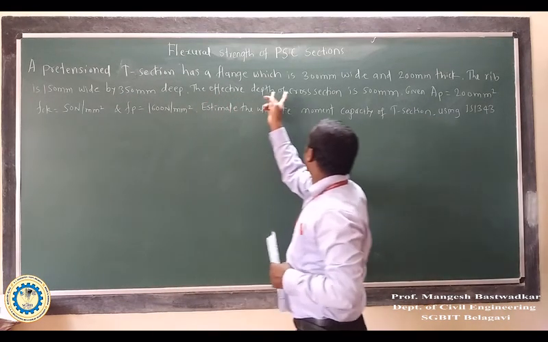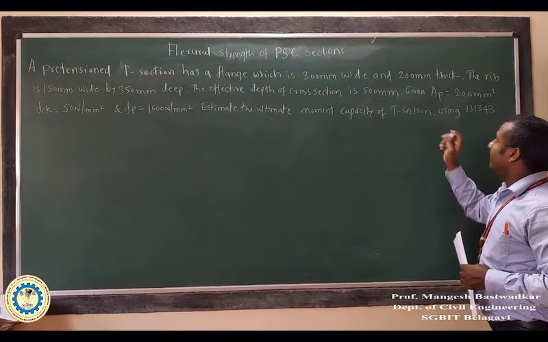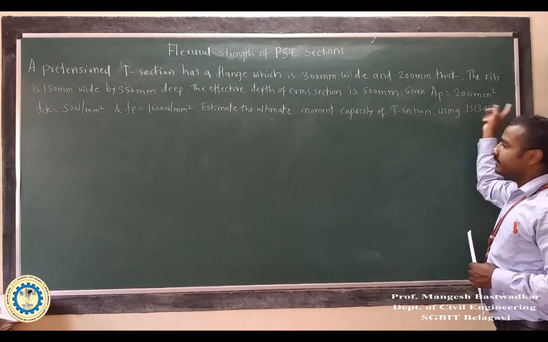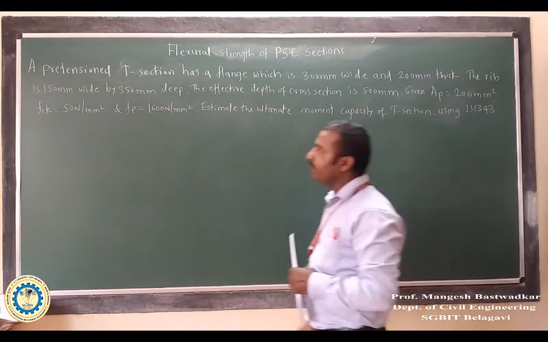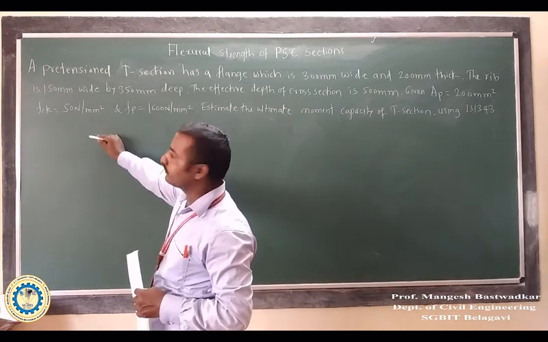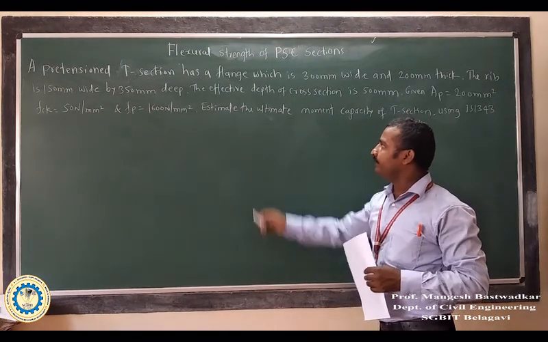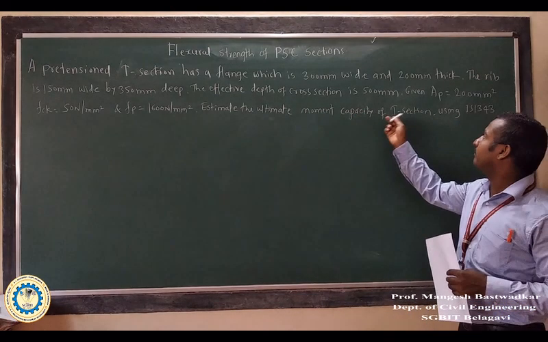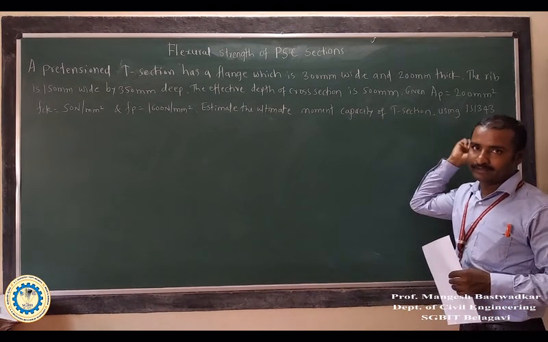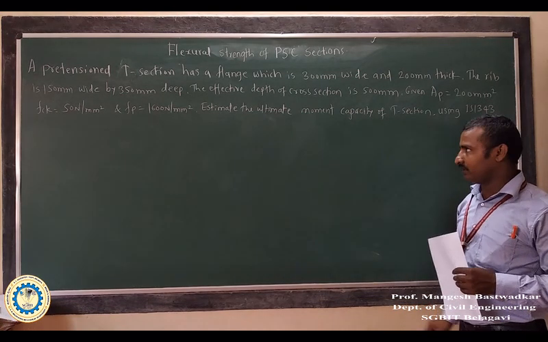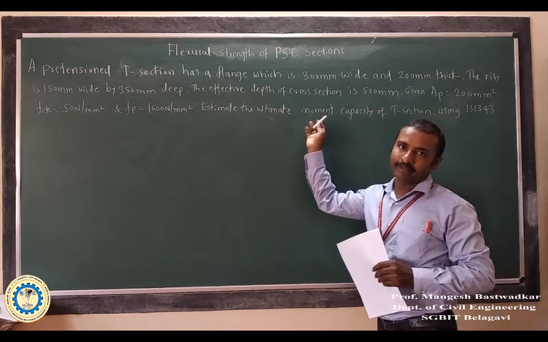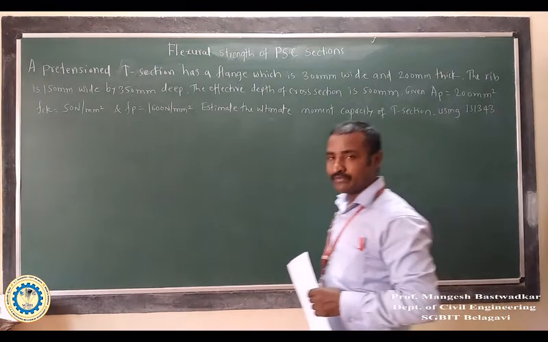The effective depth of cross section is 500 mm. Given AP, area of pre-stressing steel, is 200 mm square, FCK is 50 Newton per mm square, FP is 1600 Newton per mm square. Estimate the ultimate moment capacity of the T section using IS 1343 regulations. So ultimate moment capacity means it is the flexural strength of sections.